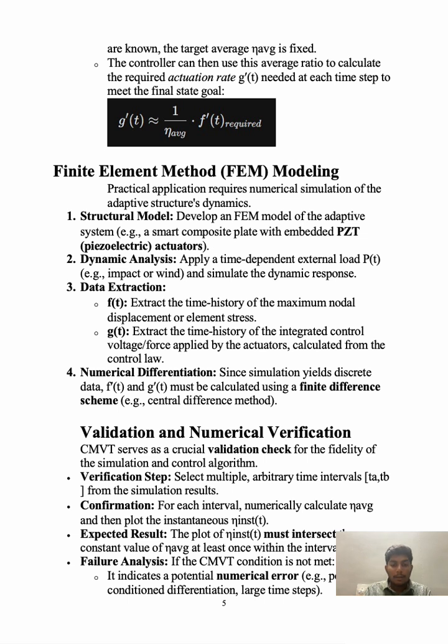Confirmation: for each interval, numerically calculate n_average and then plot n_instant. Expected result: the plot must intersect the constant value of n_average at least once within the interval. Failure analysis: if the CMVT condition is not met, it indicates a potential numerical error, ill-conditioned difference, or large time step.